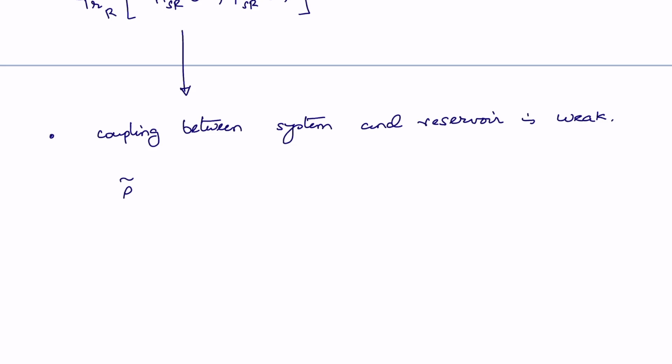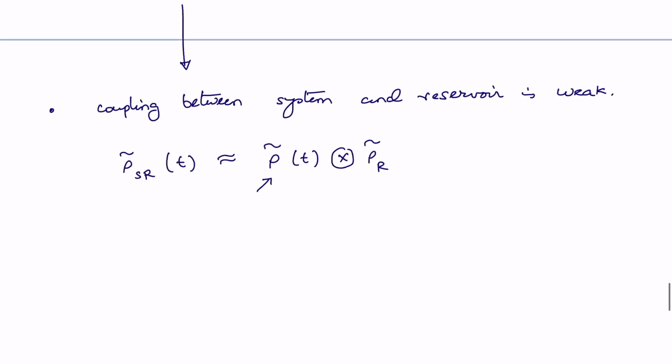We can always take the combined state of the system and the reservoir to be factorizable. So I can write it as rho tilde t tensor product rho tilde r, where rho tilde refers to the system state and rho tilde r refers to the reservoir. As you see, the system evolves in time, but the reservoir behaves like a static system.